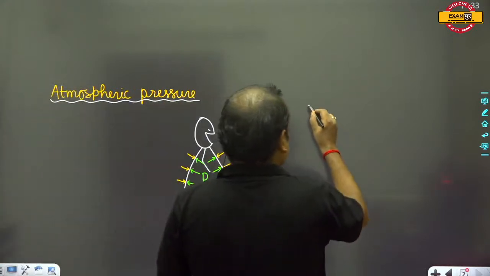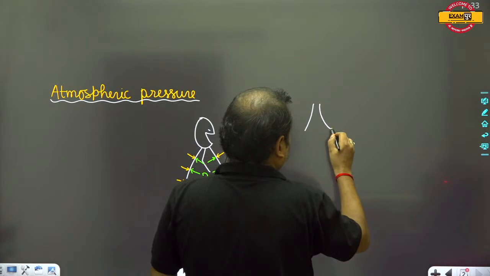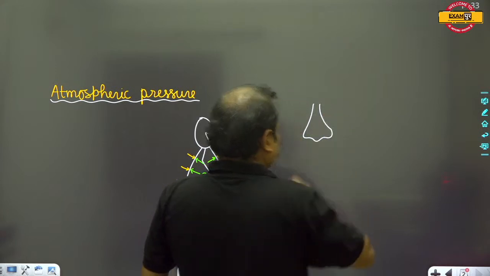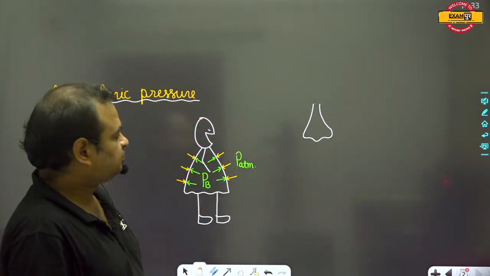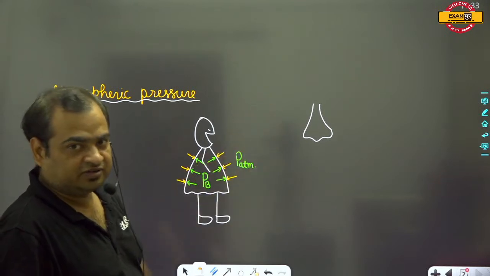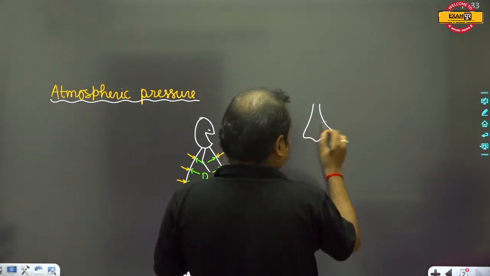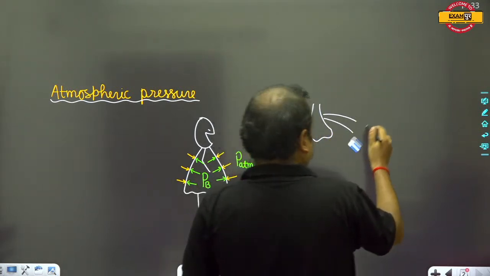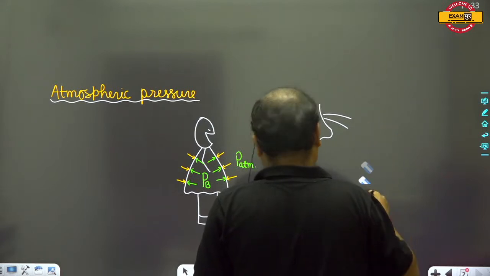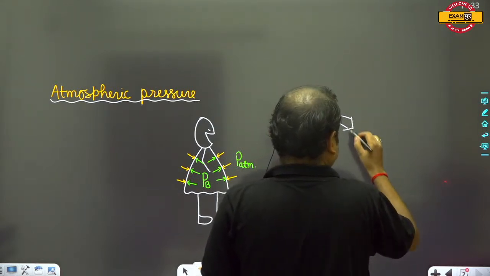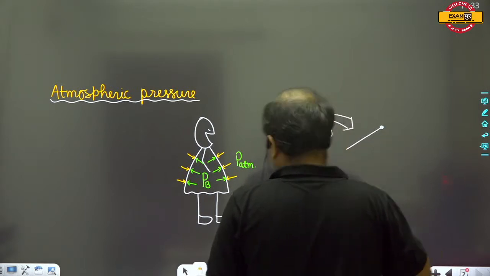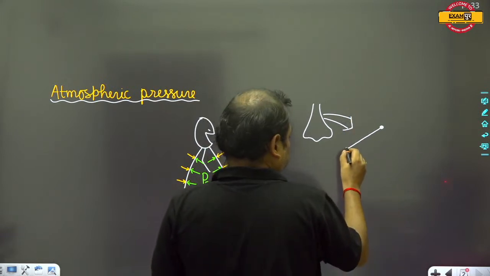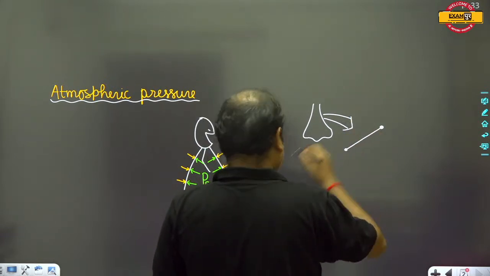For example, when a mountaineer goes on very high mountains, it is observed that most of the time his nose starts bleeding. Because in the nose, at this place, there is a very thin membrane like this, attached to the nose at these two points.